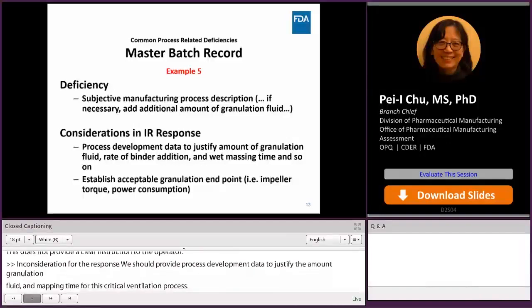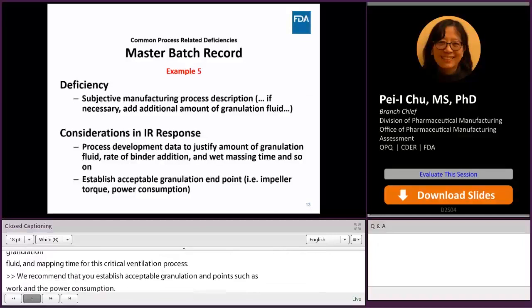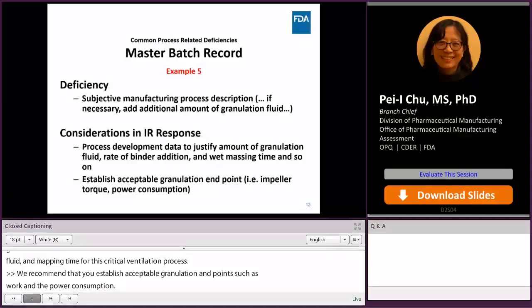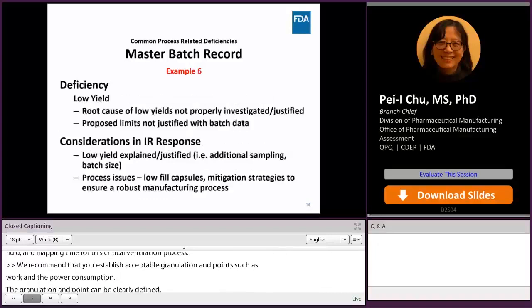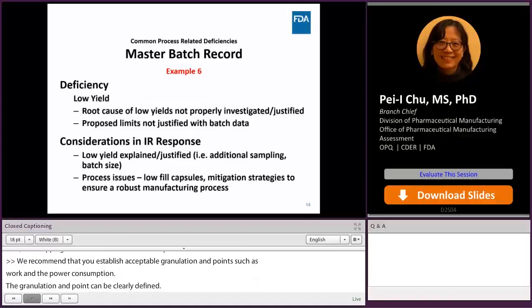We also recommend you to establish acceptable granulation endpoints such as the impeller torque and the power consumption, so that the granulation endpoint can be clearly defined. Production yield is also an indication of the robustness of your manufacturing process.